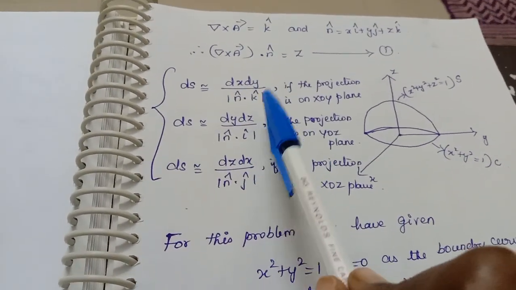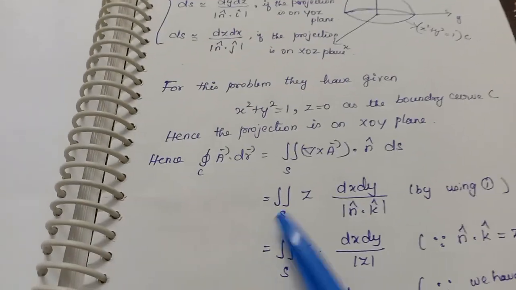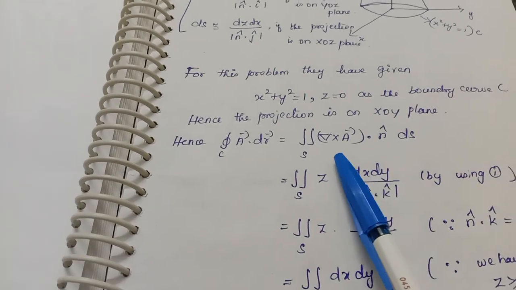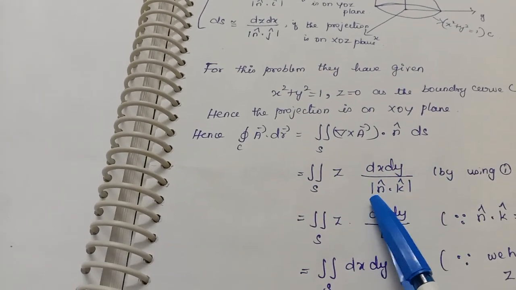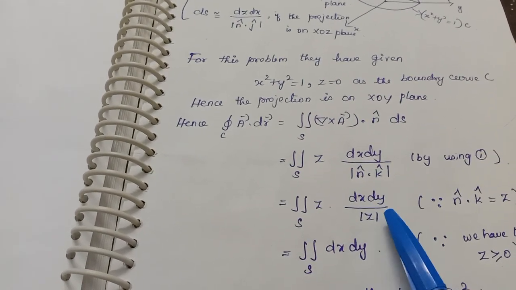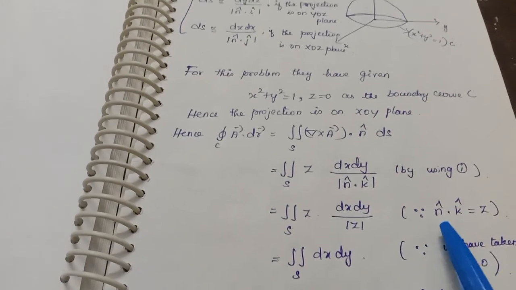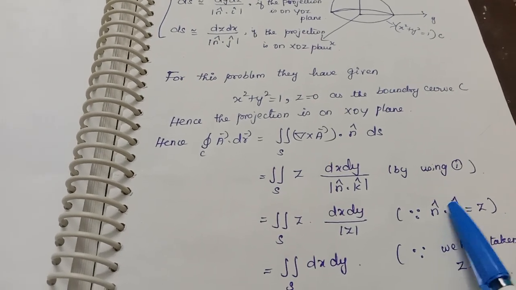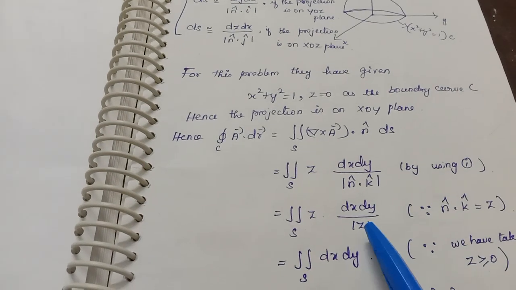So let us substitute all these values in the given integral. The double integral of (curl A)·n cap dS equals, with the z component we found, z dx dy divided by n·k. Here n·k is the dot product of n cap with k, which gives z, so it will be modulus z.